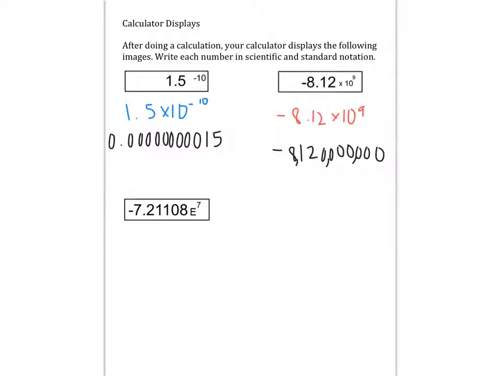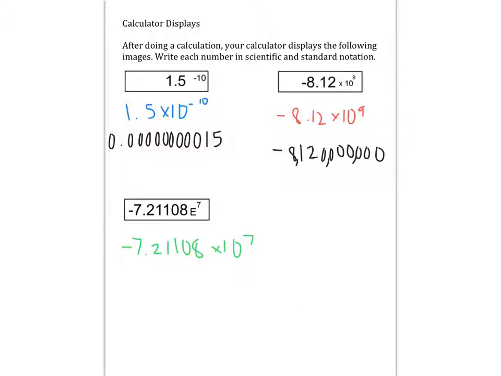Now with this last example, this says negative 7.21108 E7. That E is a shorthand notation for times 10, so that also represents scientific notation. So this would be negative 7.21108 times 10 to the 7th in scientific notation.